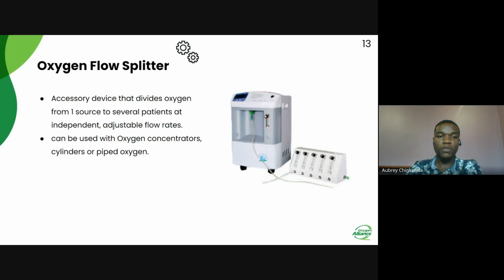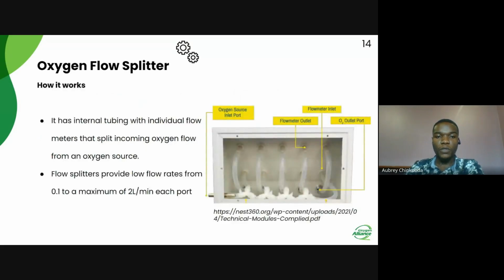Moving on, let's look at how the oxygen flow splitter works. So when you open it up, it simply just has an internal tubing with individual flow meters that are split from the incoming flow of oxygen source. And the flow splitters can provide flow rates from 0.1 to 2 liters per minute each port.